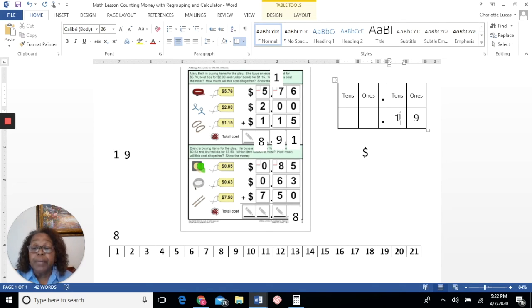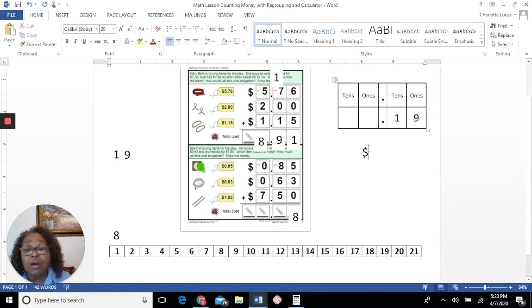Let's skip count by 10. 10, 20, 30, 40, 50, 60, 70, 80, 90, 100. That's 10 dimes, and 100 cents is already $1. 100, 110, 120, 130, 140, 150, 160, 170, 180, 190.